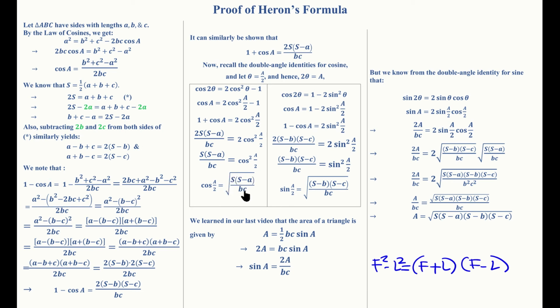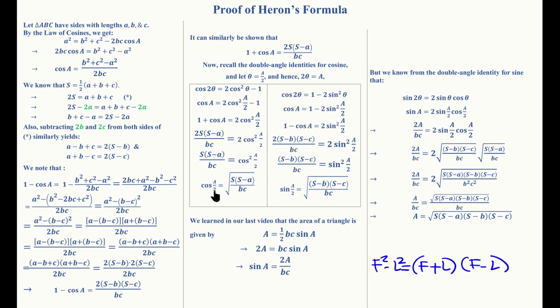minus a over bc. In case you're wondering why the cosine of a over 2 will be positive, remember, a is an angle in a triangle, so there's no way it can be larger than 180. In fact, it's going to be less than 180 because all the three angles have to add up to 180. Even if you have a very extreme triangle where one angle is like 179.9 degrees, it's still not going to be quite 180.